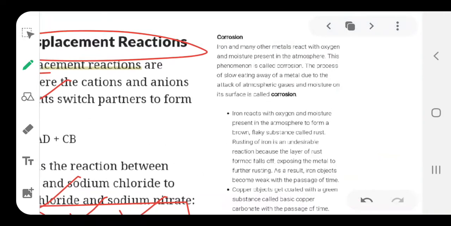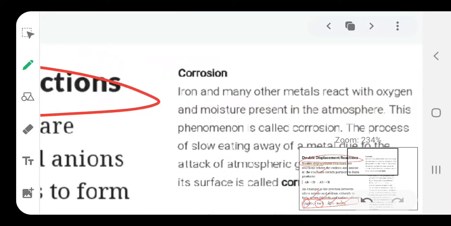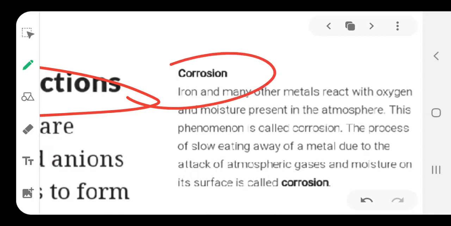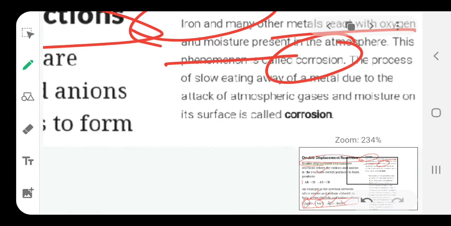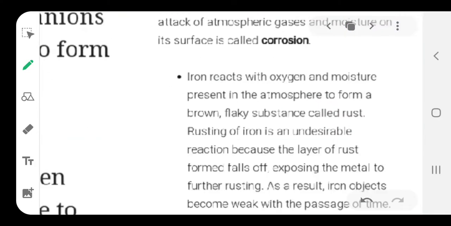So continue with it. The last topic you can say is the topic called corrosion. So write it down. The metals react with oxygen and moist air or moisture in the atmosphere. This phenomenon is called corrosion. And when this corrosion occurs with iron, we call it rusting.